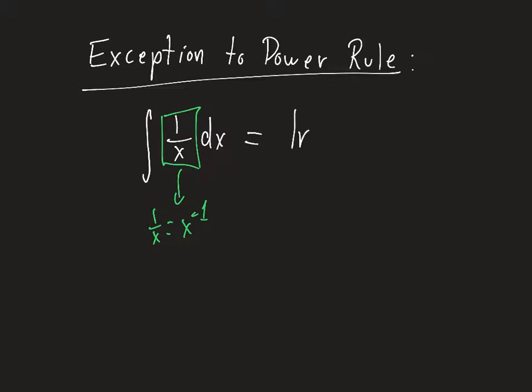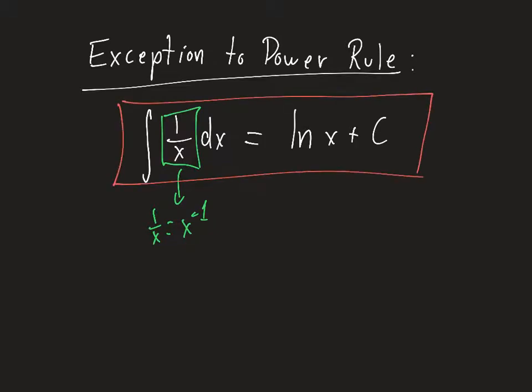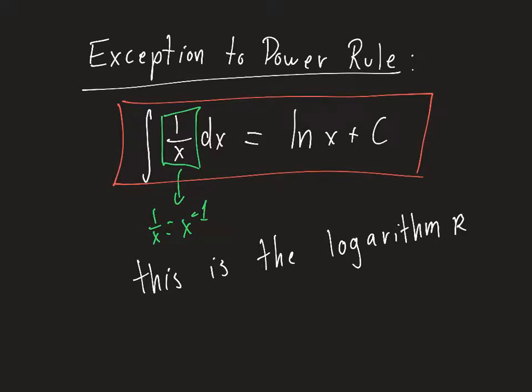Instead, it turns out that this is the log rule. Okay, there's really no examples for me to give here. This is the only function that's an exception to the power rule, the case of 1 over x, and this rule only applies to that function. So there's no other example for me to cover here. This is the only function that this is relevant to.